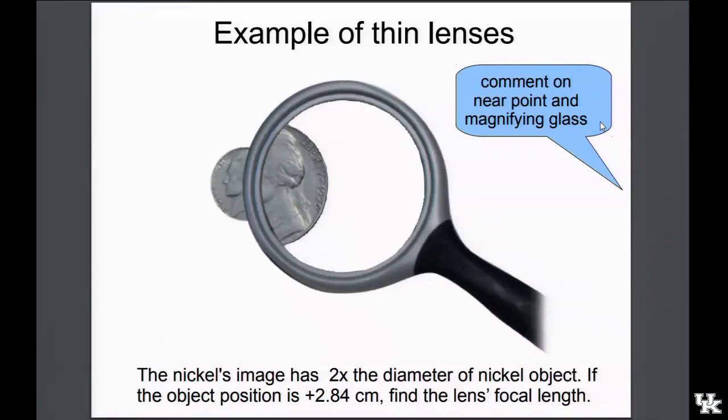We're also told where the object is located: at plus 2.84 centimeters. The plus means that it's located on the side of the lens where the light is coming from, and the 2.84 centimeters is the distance from the center of the lens to the object. Based on that, we've got to find the focal length of our magnifying glass. It's going to be interesting to see what the focal length is, and see how we can magnify things with magnifying glasses.